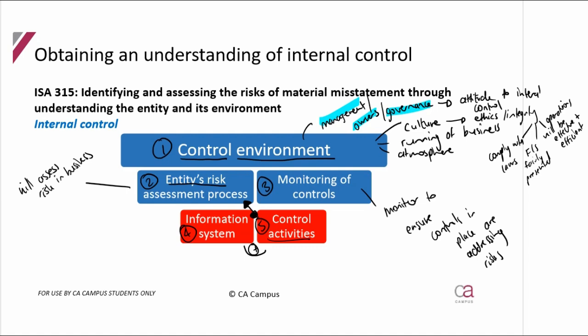And it is said that the blue ones, control environment, risk assessment and monitoring of controls, are all indirect controls. And those controls are therefore in place to address the risks that the financials as a whole are materially misstated.